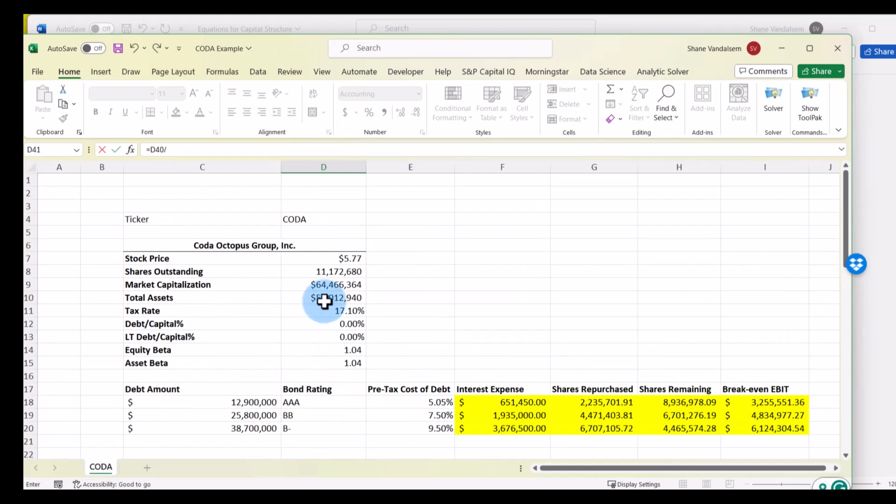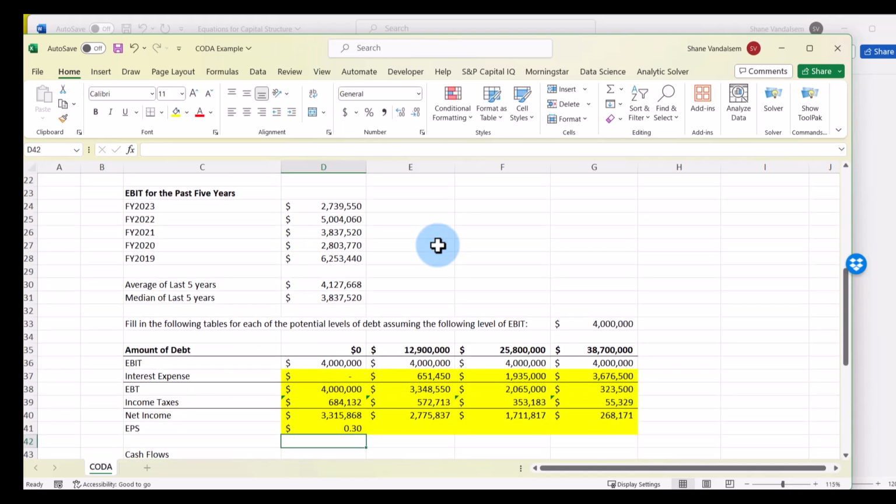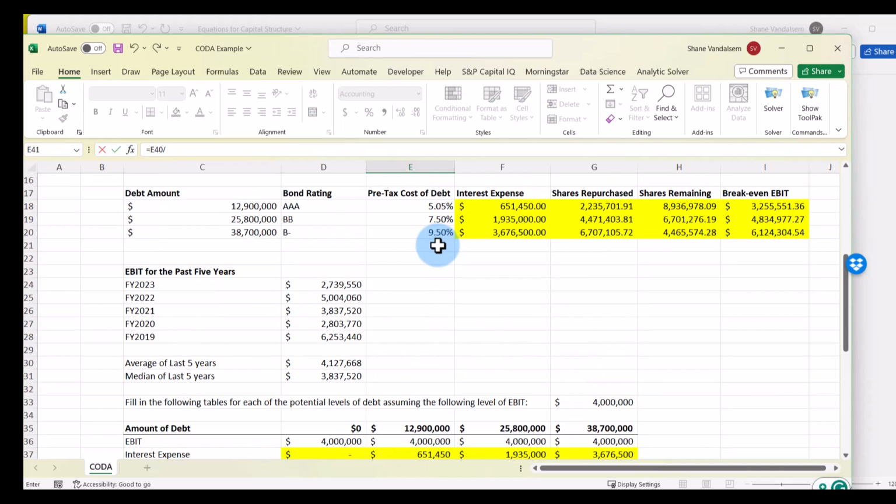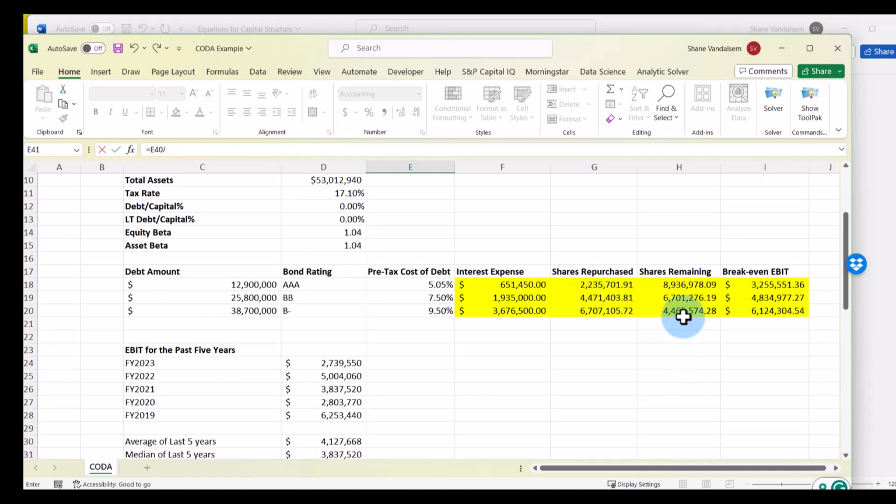With no debt, the number of shares outstanding is this 11,172,680. For the 12.9 million, we're going to divide net income by the shares remaining here in cell H18.